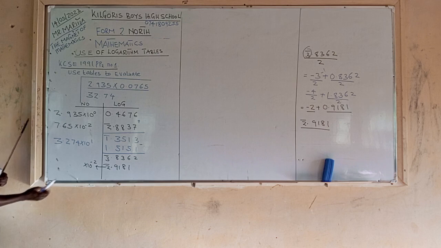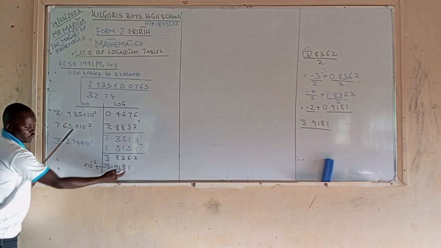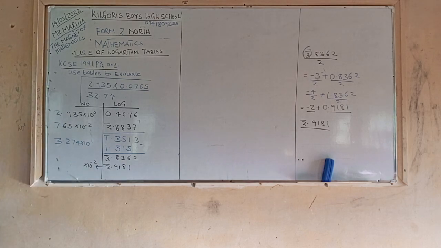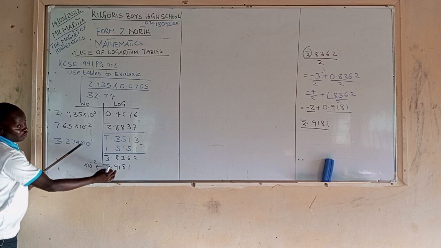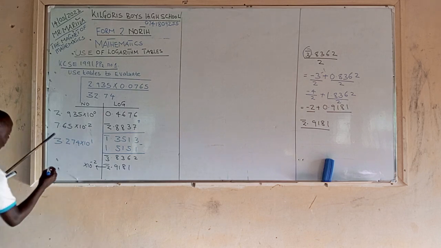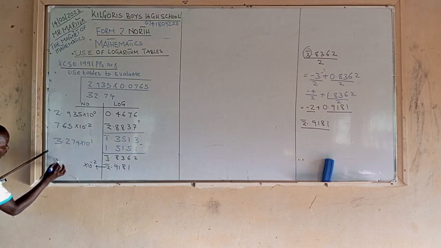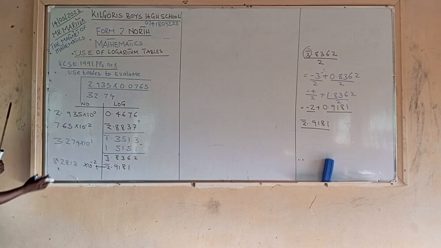Now class, you can find the antilog of 0.9181 from the calculator. What is it? 8.281. It's okay, so we are talking of 3 significant figures there.